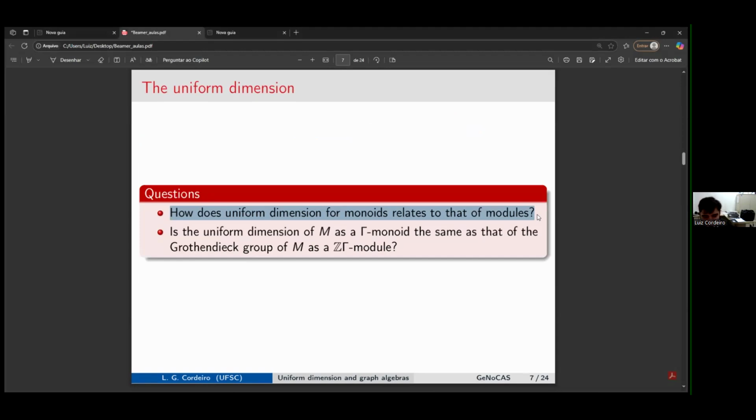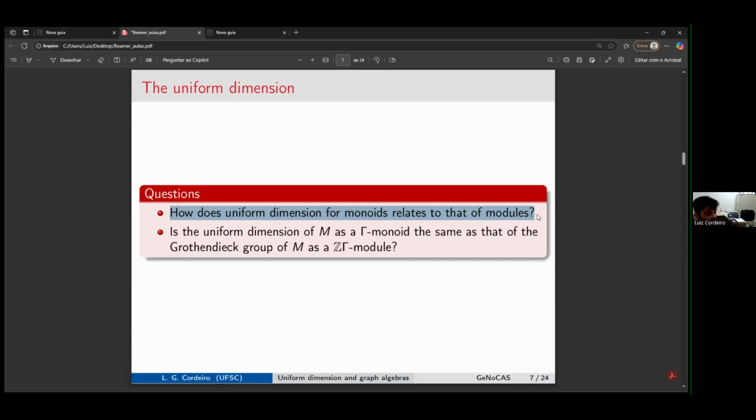This business with the Goldie uniform dimension and inequality: in order to change it to an equality, you need to consider, of course, graded modules, but also bimodules. Maybe the word there should be bimodules, judging from that, or not.